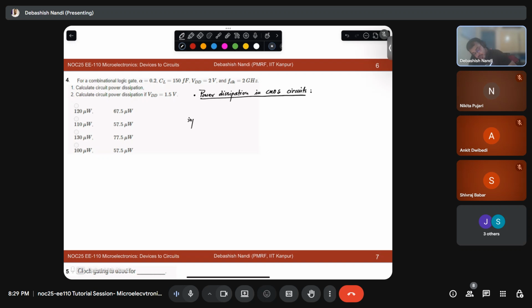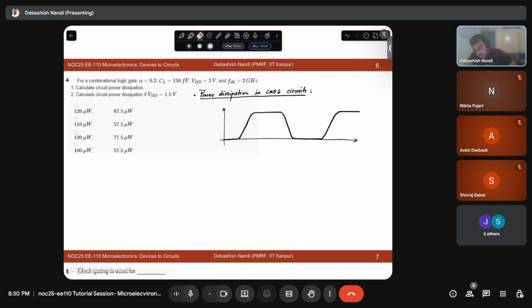So let's say your input signal is something like this. Okay, and let us say that this is your output signal.